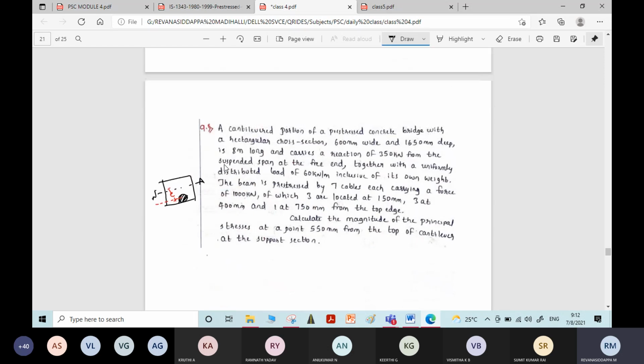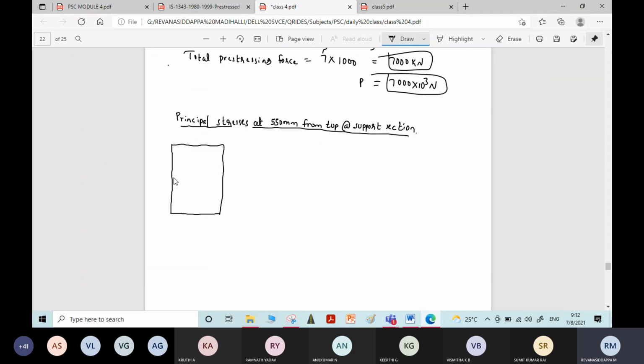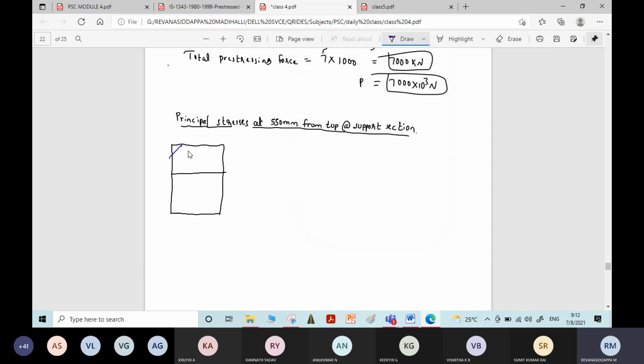The total depth is given as 1650. We need to find the principal stresses at a distance 550 mm from the top. Total or overall depth is 1650.